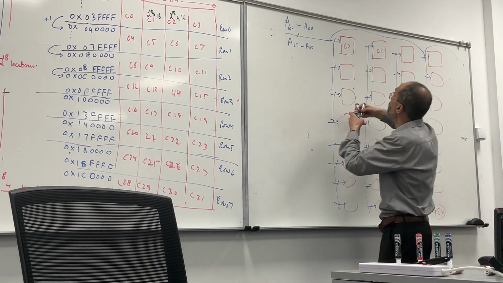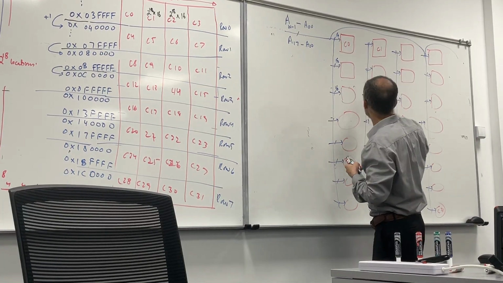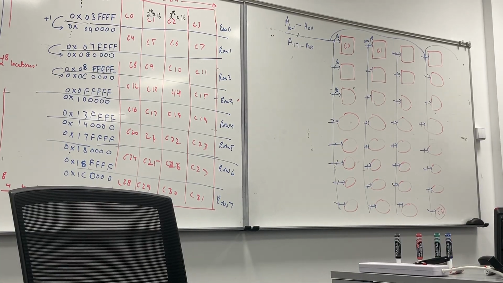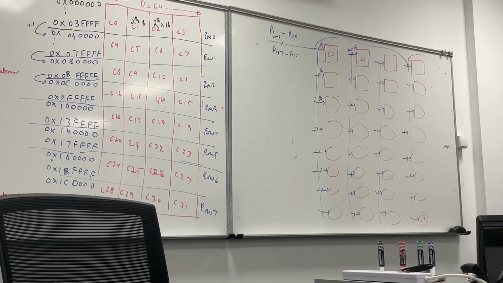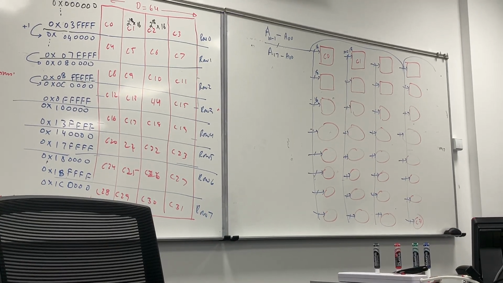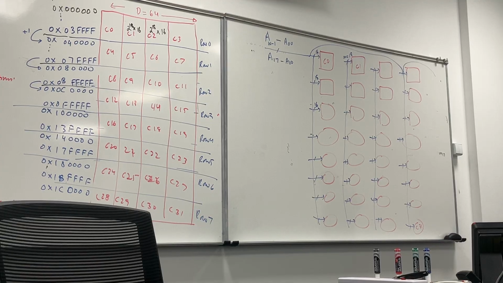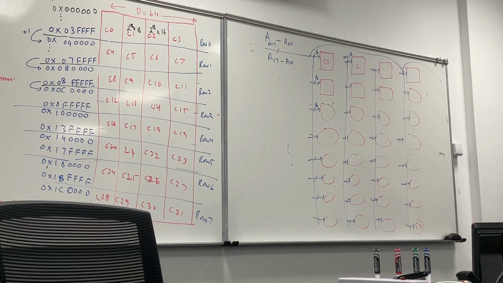These are all my M, 18 lines, 18 lines, 18 lines, M equal to 18. Clear? So A17 will be connected to M17, A16 with M16, and so on. Any question?